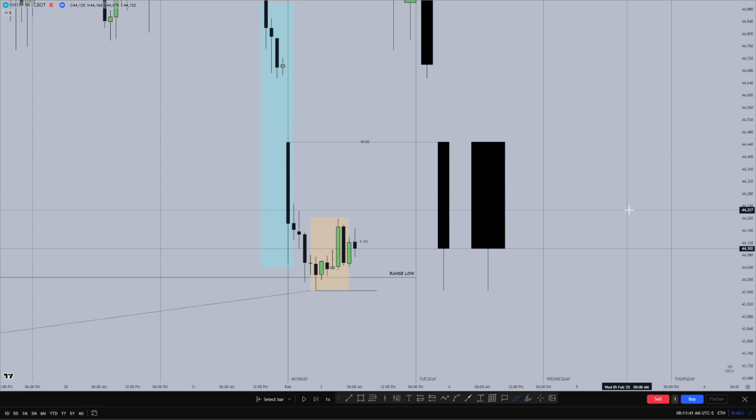Same thing with long. Expansion, consolidation, it needs to give one more expansion in the previous direction if price goes from expansion to consolidation, because from consolidation price can't reverse. Price only expands from consolidation.